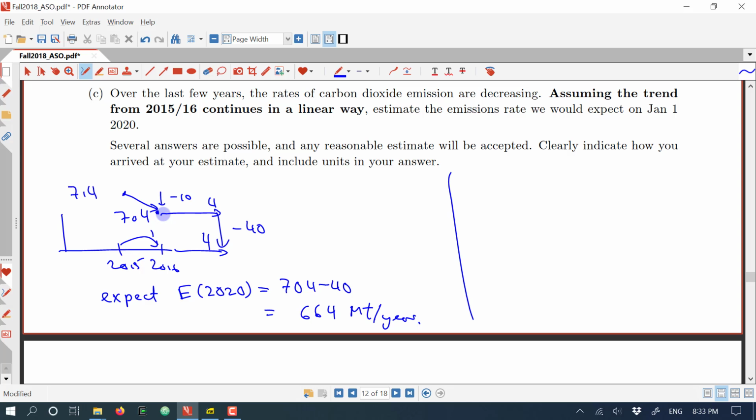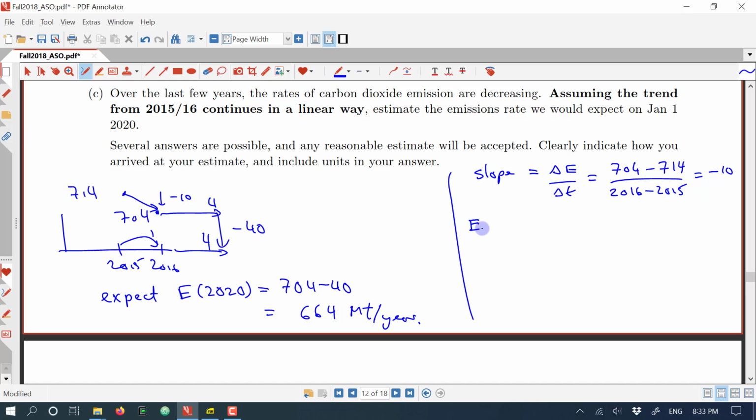We could also look at this as a slope calculation or linearization. So we could talk about the slope, which is going to be the change in E over the change in t. That's your end emission minus your start emission, all over the end year minus the start year. And there we get, at the end of the day, our minus 10 slope that we saw here. And then what you can do is use that slope to predict forward.